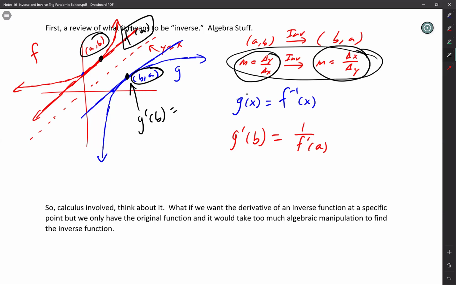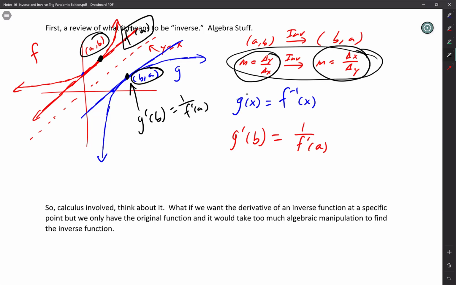So if I have f prime of A and I want the slope at B, g prime of B is equal to the reciprocal of f prime of A. Are we okay with that?